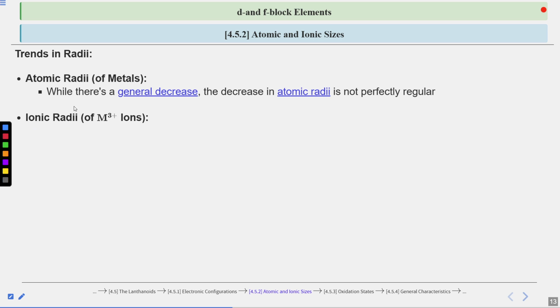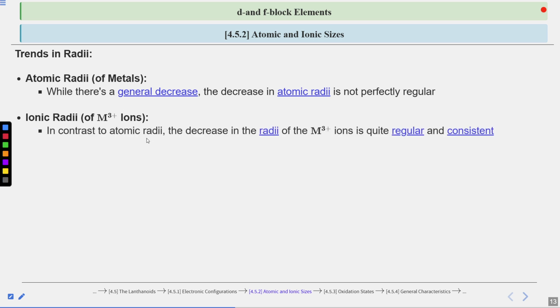So ionic radii, if you talk about, of M3 positive ions, then in contrast to the atomic radii, the decrease in the radii of ions M3 positive is quite regular and consistent. Okay, if you compare the decreasing radii trend between the atomic radii of metal and ionic radii of M3 positive ions, then you observe that the decrease in the radii of M3 positive ions is quite regular and consistent compared to the atomic radii of metals.